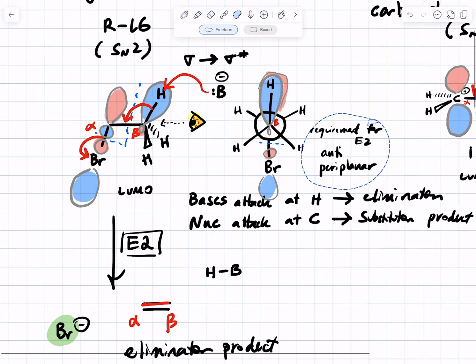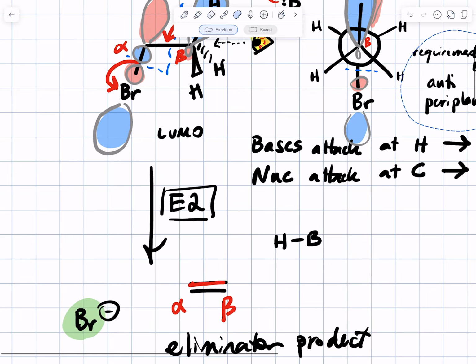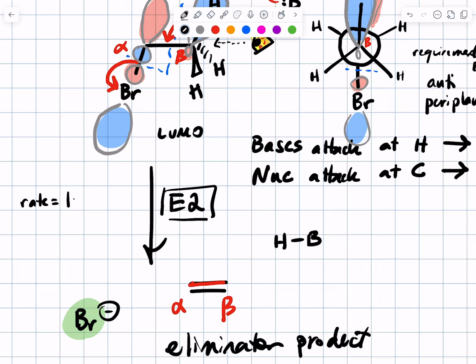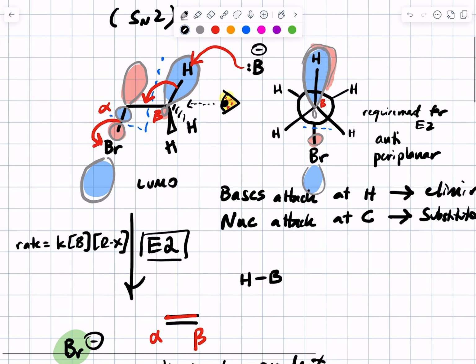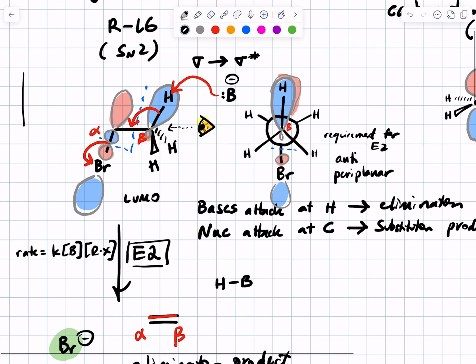Okay, some other things to know about this elimination reaction: the reason it's called E2 is because the base and the alkyl halide show up in the rate law. It's a single reaction step. If we drew an energy diagram, the energy diagram for the E2 reaction would be very similar to the energy diagram for an SN2 reaction.